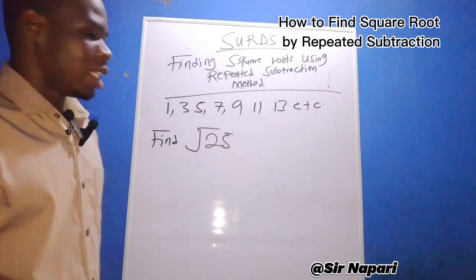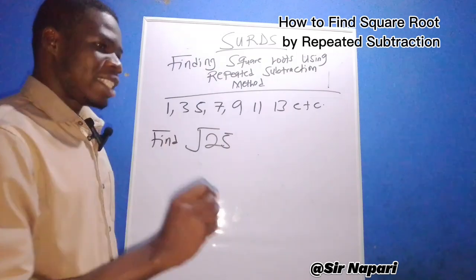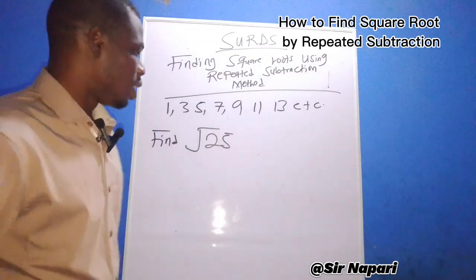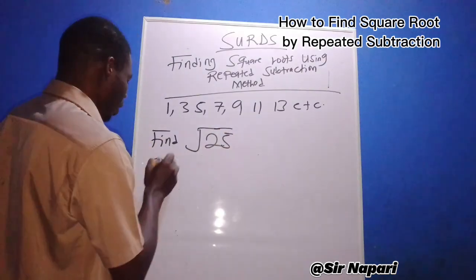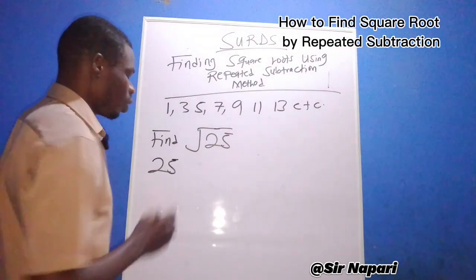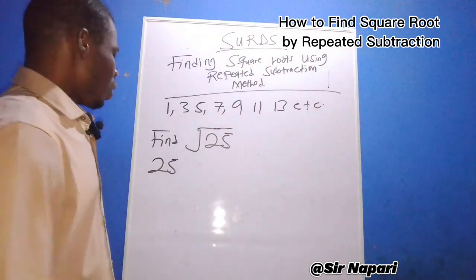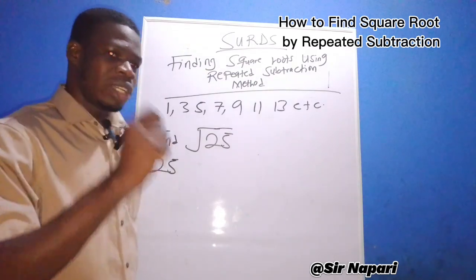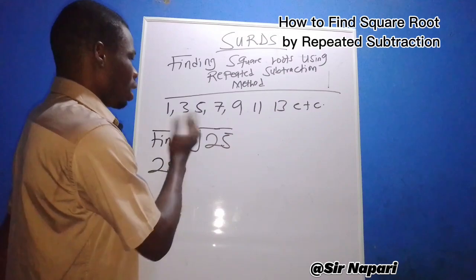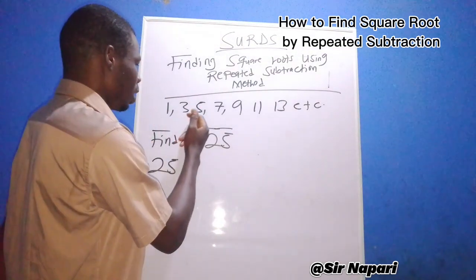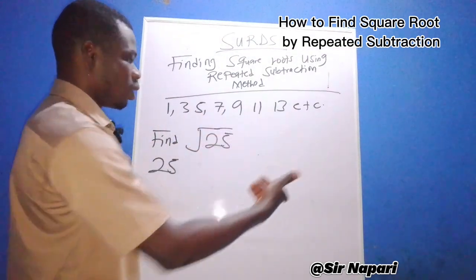The first step is to take our number in the square root, which is 25. Now we subtract the odd numbers successively. Our odd numbers start from 1, 3, 5, 7, 9, in that order.